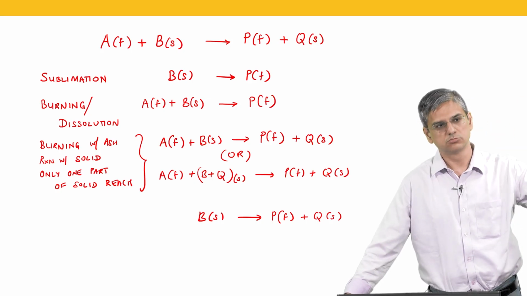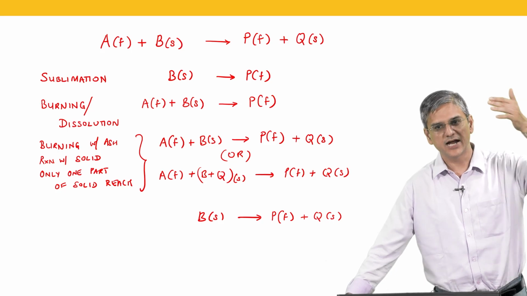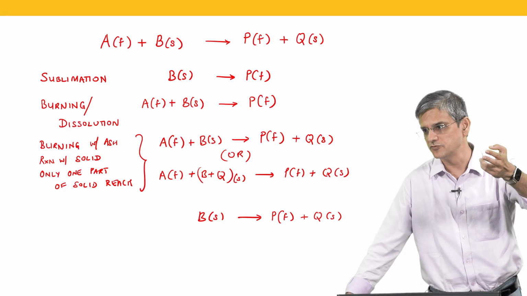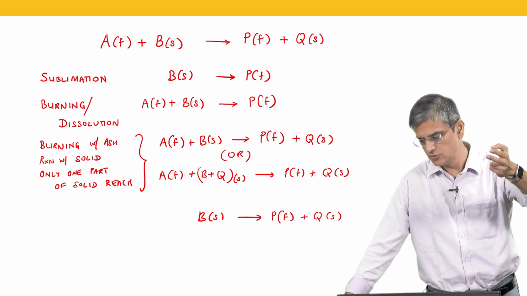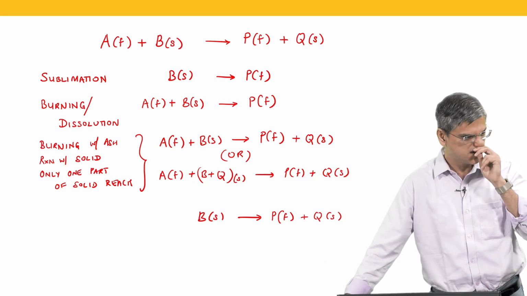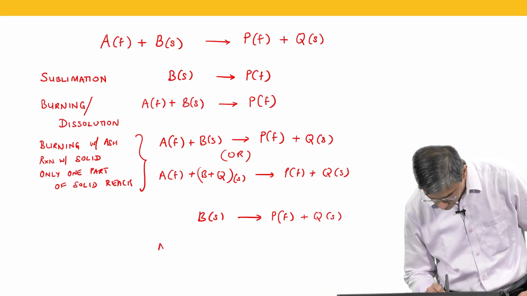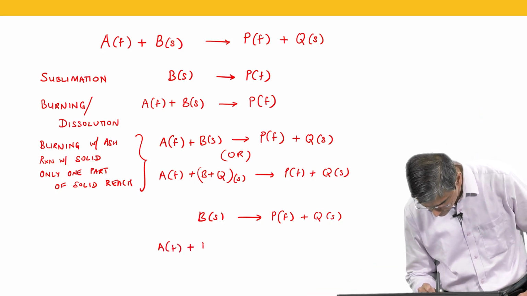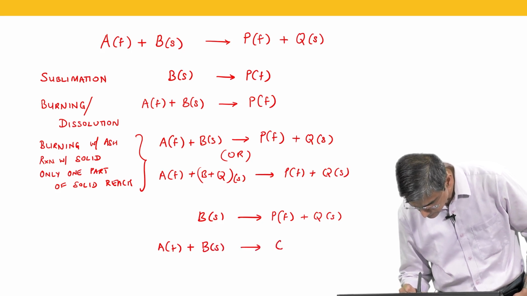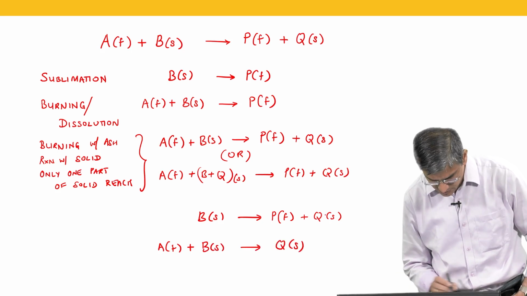So solid plus fluid reacting to give fluid only, solid plus fluid reacting to give solid plus fluid. Solid plus fluid reacting to give only solid is relatively rare, but you can have that also, and that would be corrosion.